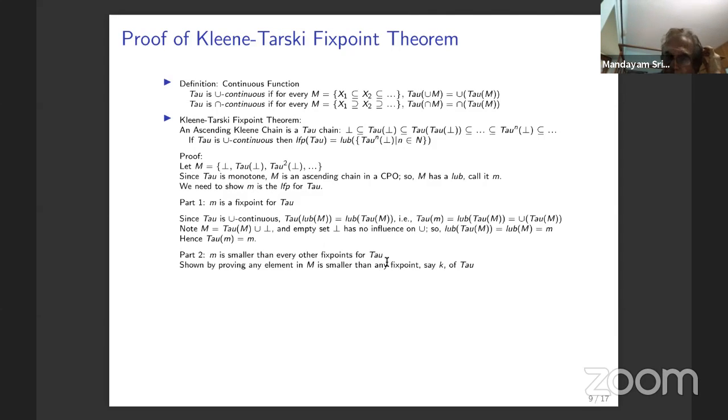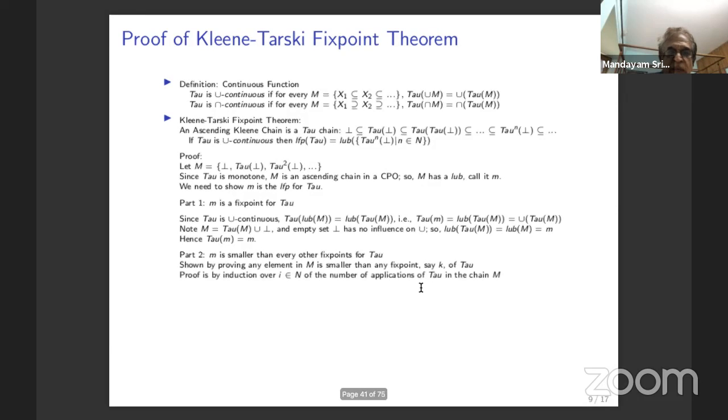So for every fixed point K of tau, we show that every element in this chain is less than the fixed point. And since M is the union of all those things, the fact that it is smaller than any K will follow. This part is done by induction over I, the number of repeated applications of tau in the ascending tau chain.